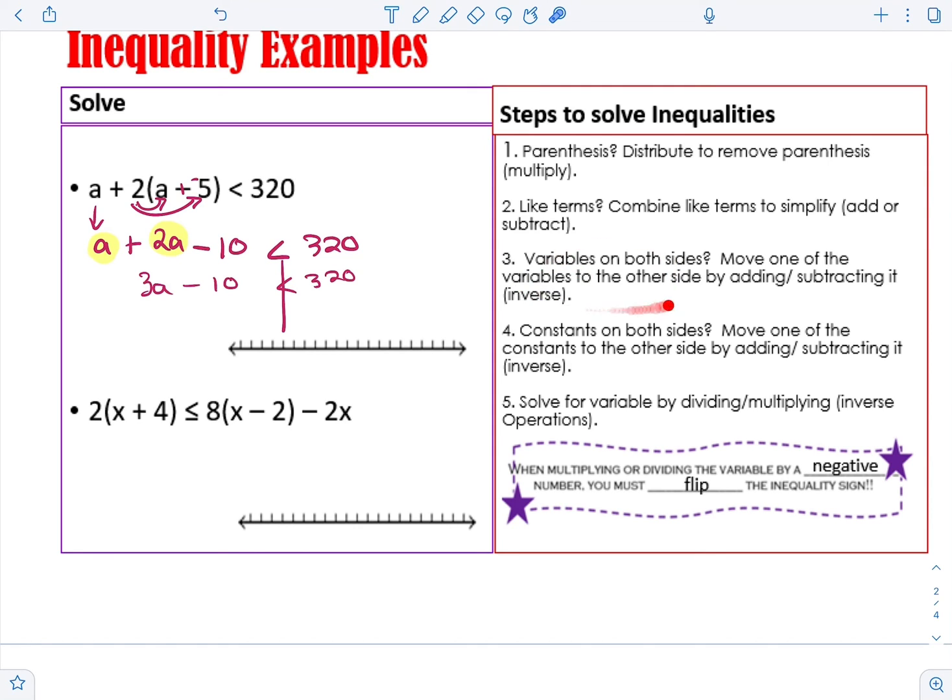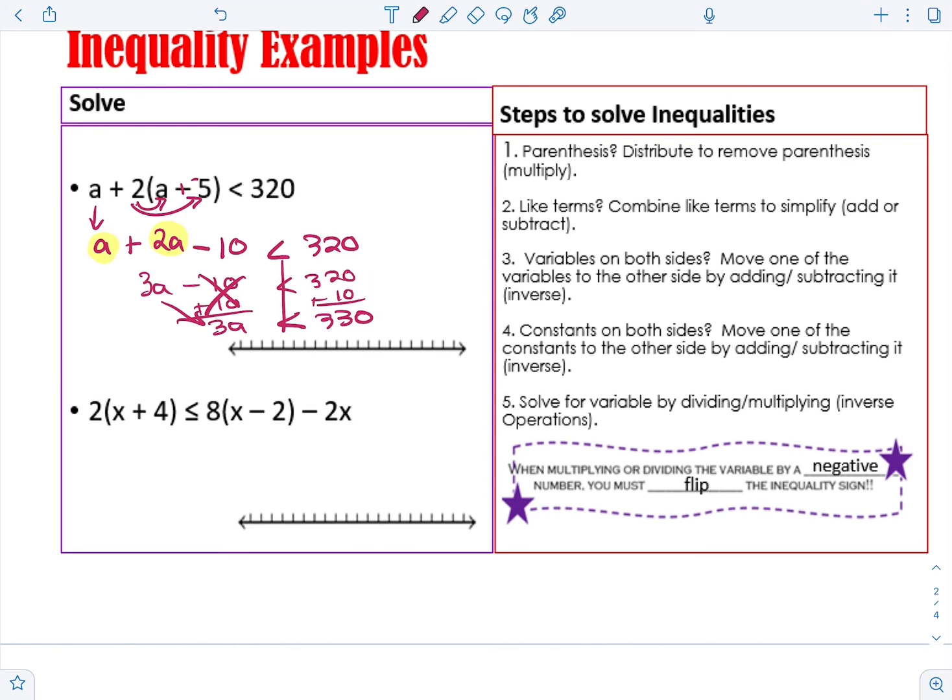Are there variables on each side? None right here to the right. So that's a no. What about constants on both sides? That's a yes. So we need to move this constant over here. So we're going to add 10. So that we have 3a, bring that down, cross that out, is less than 330.